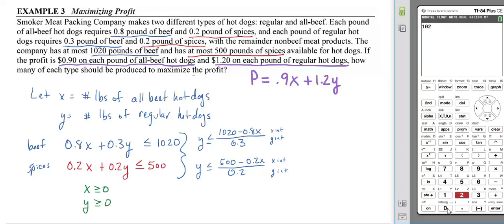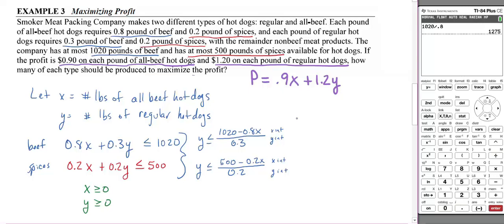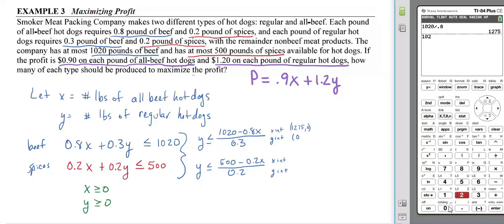See, 1020, if we're finding the x-intercept, we make the y 0, so we're going to divide by 0.8. That's 1275, so 1275 comma 0. And y-intercept, we make the x 0, so it'd be 1020 divided by 0.3, and that's 3,400.